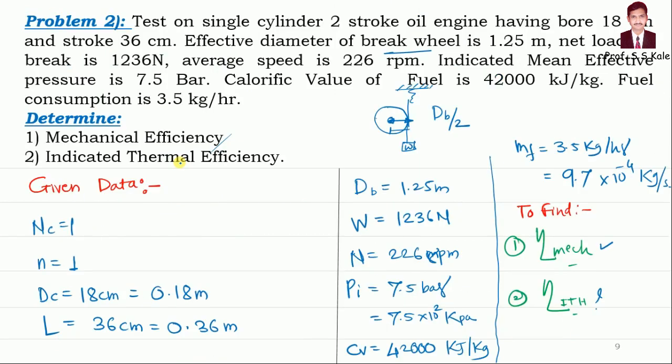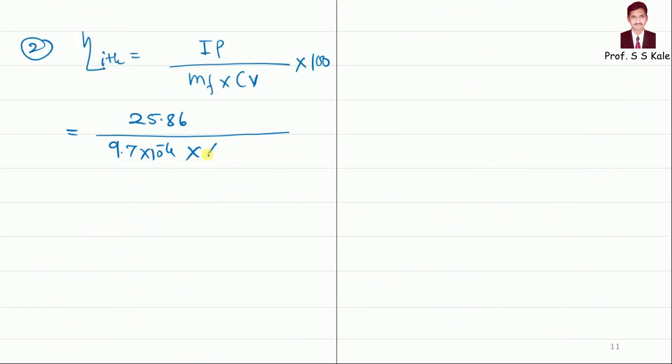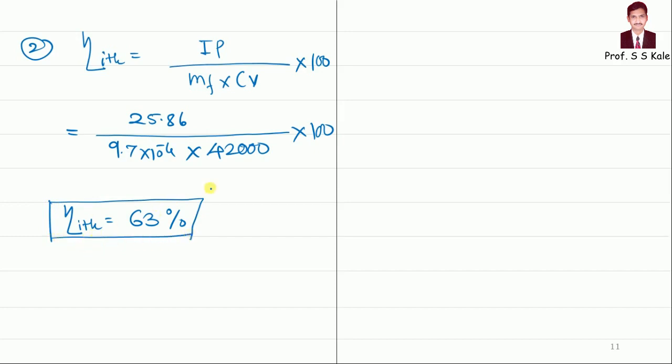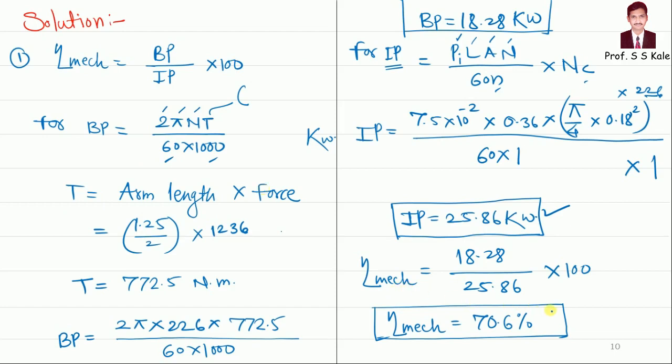Calorific value is 42,000, which is given in the given data, multiplied by 100. So it's very simple to determine ITH. Indicated thermal efficiency, if you calculate, it must come 63,000. So these were the two unknowns: indicated thermal efficiency and mechanical efficiency. Okay, thank you.